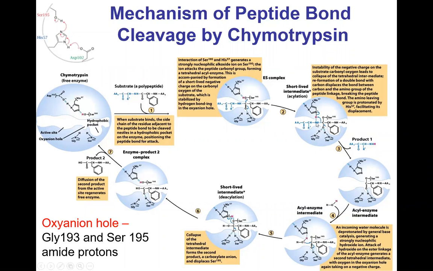Remember, NH will be a very poor leaving group if it is not assisted by a general acid, right? So you can see they are showing that it is assisted by the general acid, where histidine 57 is now acting as a general acid. It is going to provide the proton to the leaving group. So you actually produce the product 1 and you generate the acyl enzyme intermediate.